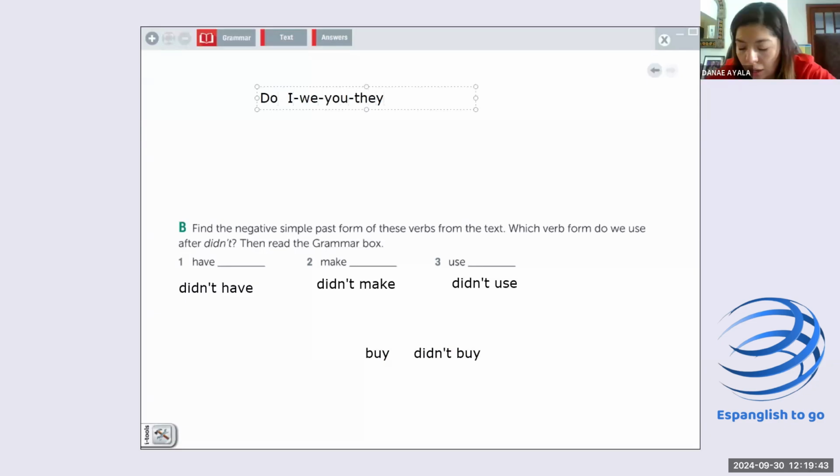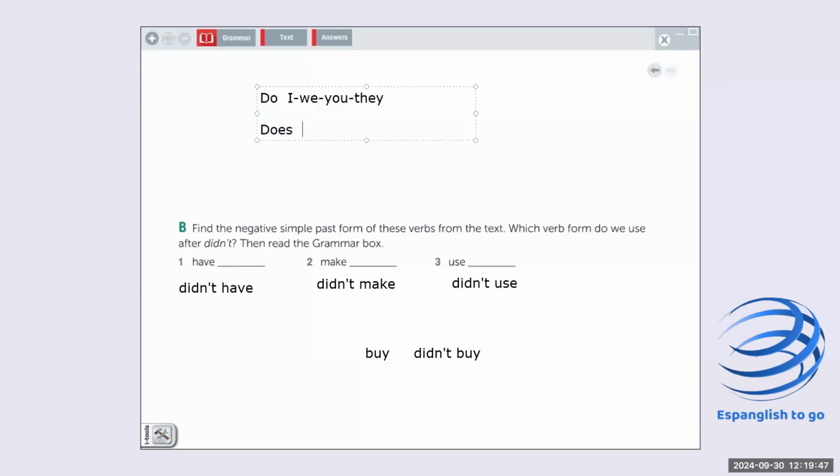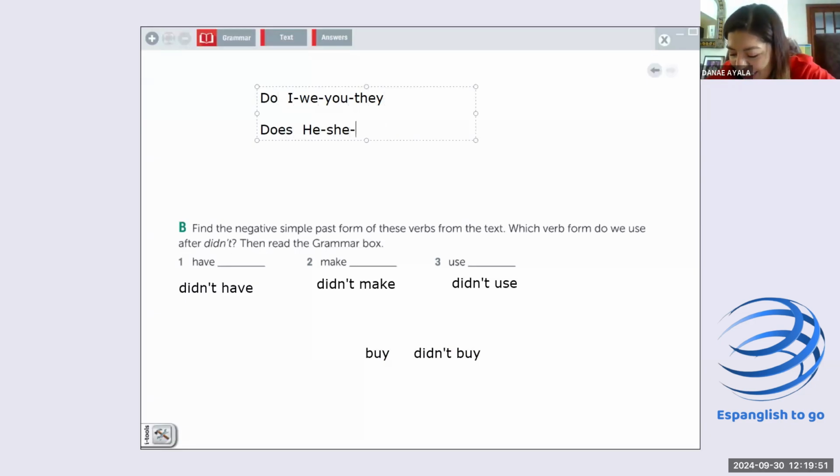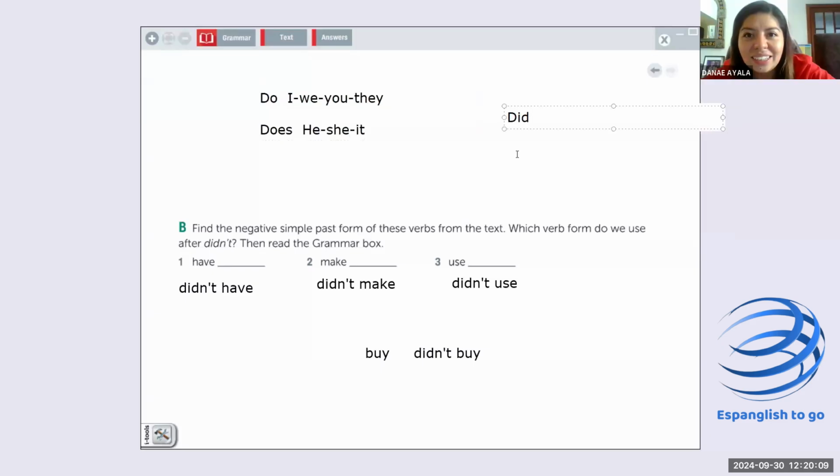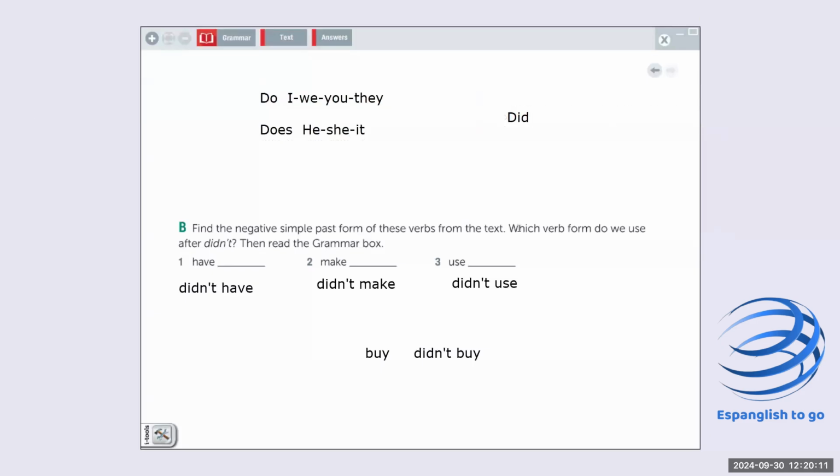Does is in present, but for he, she, and it. So what is the auxiliary in past? Did. Yes, of course. Exactly. So this is the auxiliary in past. In past, negative is didn't. The negative of do is don't.